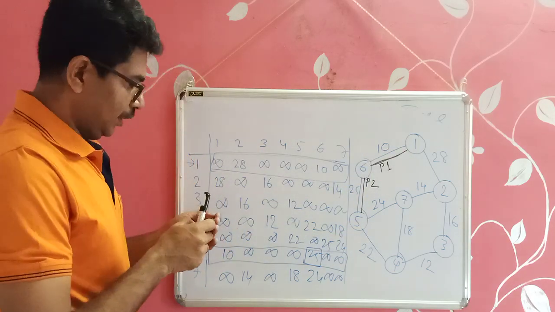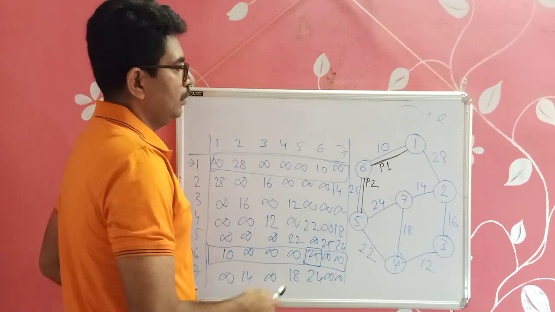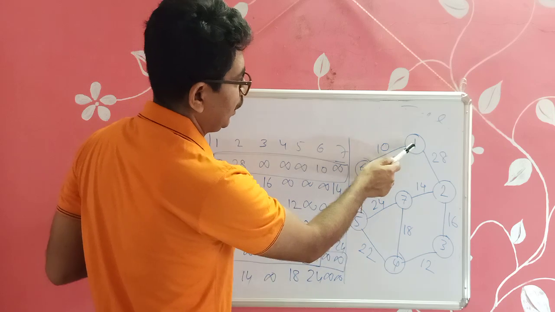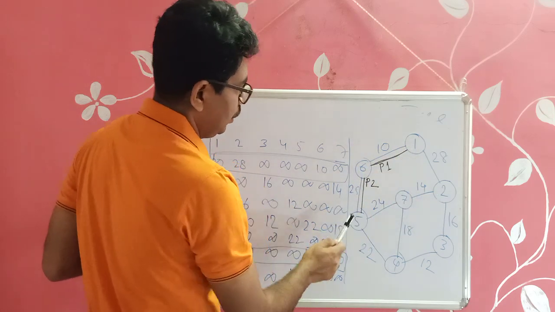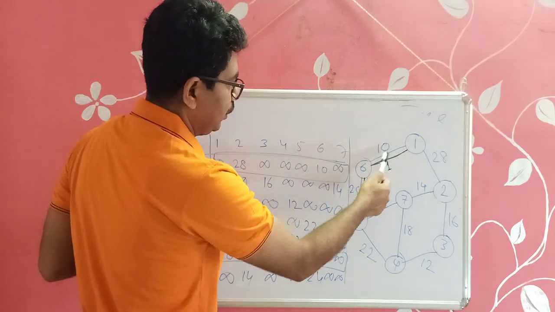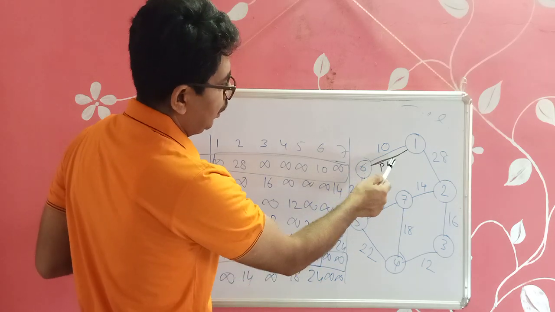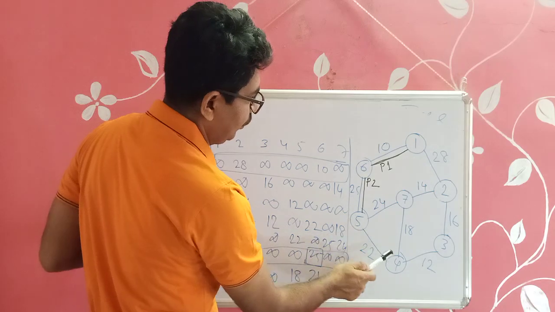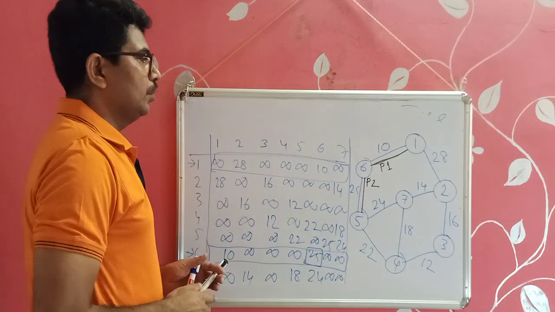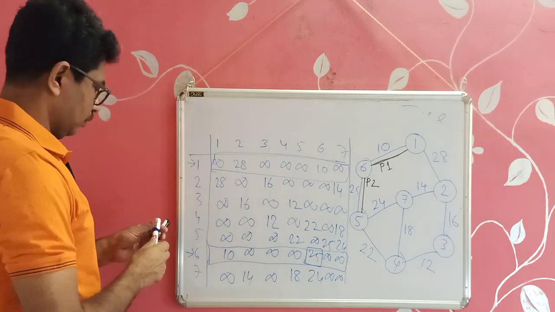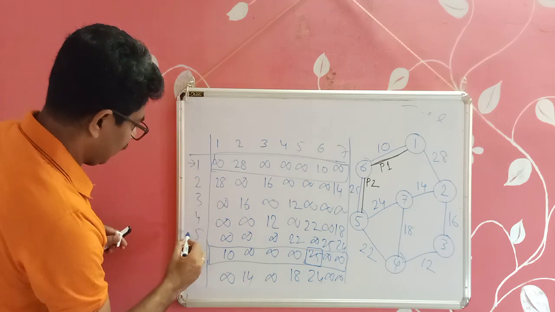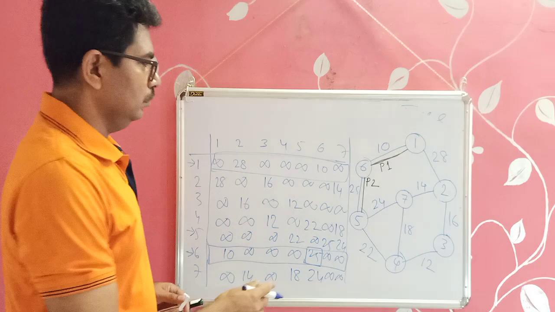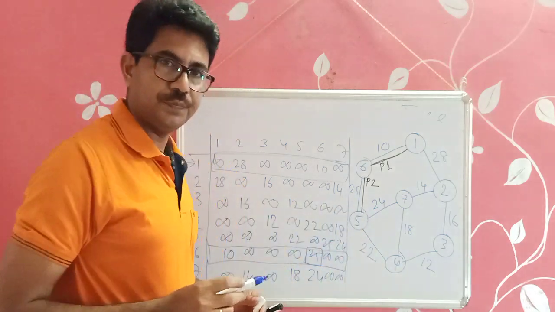Now again select all the edges that are related with 1, 6 and 5. So here again 1 to 2, one edge. There are no other edges which are not considered. Then 5 to 7, 24, 5 to 4, 22. So among these three, 22 is the minimum.